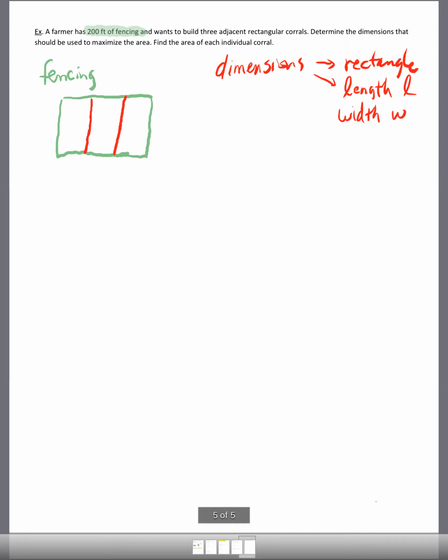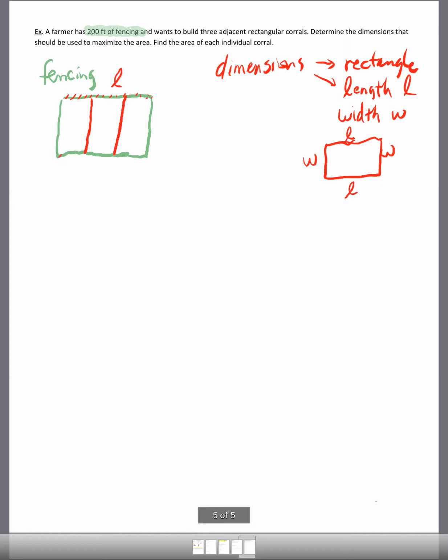If you had a traditional rectangle, you would have a length, both on top and bottom. You'd have a width on the 2 sides. Let's look at what we have. In our problem, we actually have a fence that goes across, just like we said, length.